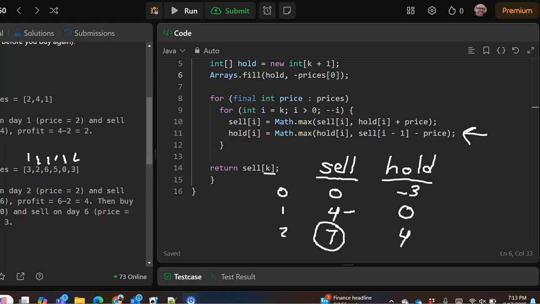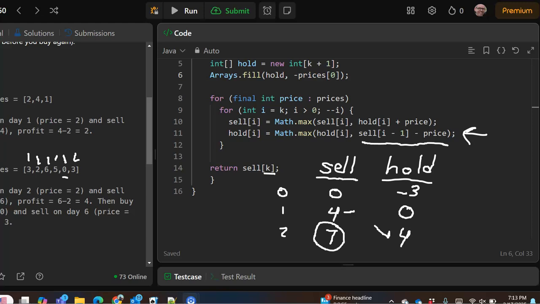Now, when the price went to 0, this right here, the sell at i minus 1, which is our previous balance, basically our profit, minus the price of 0, that's what gave us the chance to move the 4 over here.